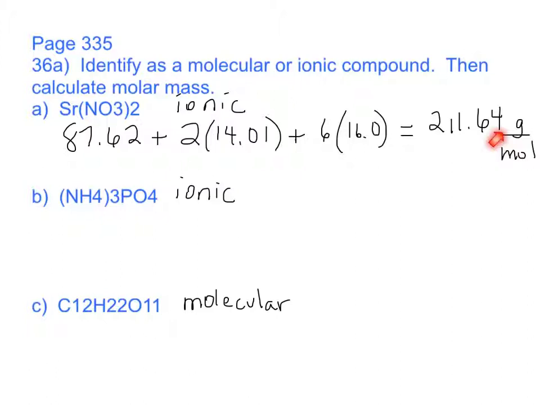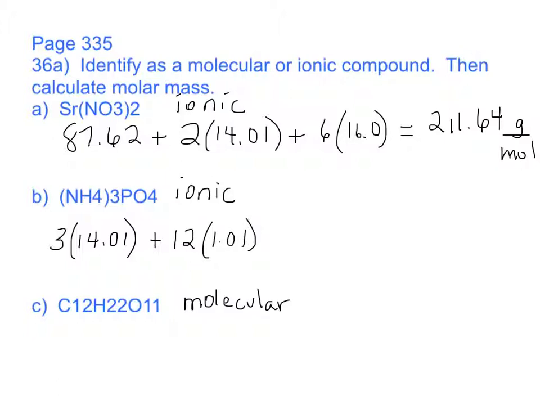All right, so then we have (NH4)3PO4. So tell me how many nitrogens that is. Yep, that's right. 3 times 14.01 is the mass of nitrogen. Plus, how many hydrogens is that? Yep, very good. 12 hydrogens times the mass of hydrogen, which is 1.01.